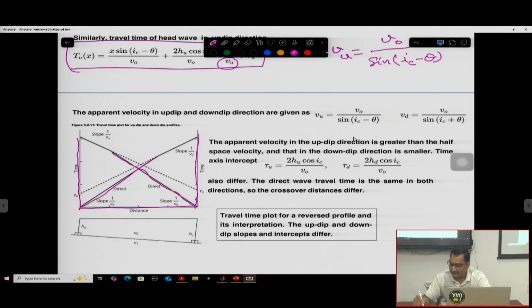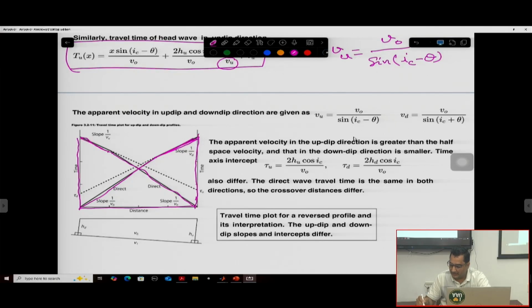Thereafter the head wave comes. So this is the head wave for the reverse profile, and this is the head wave for the forward profile, up dip or down dip, whatever you want to call it. What is the slope of this? 1 by Vd, right? And what is the slope for this? 1 by Vu.